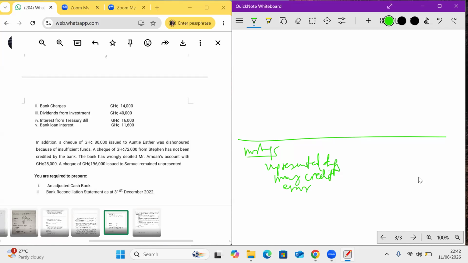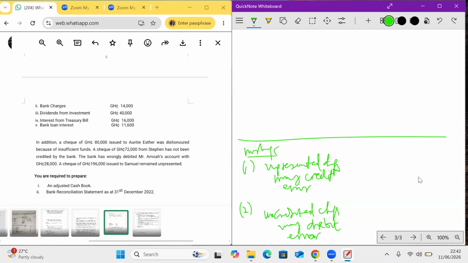Then error. Then you go to the other one. Less unpresented. I'm just writing them now. So this is working one, this is working two.